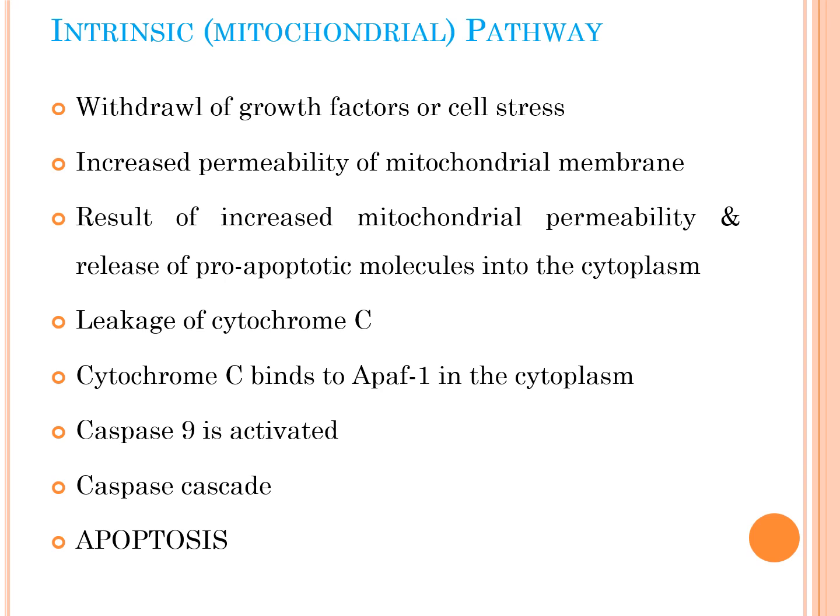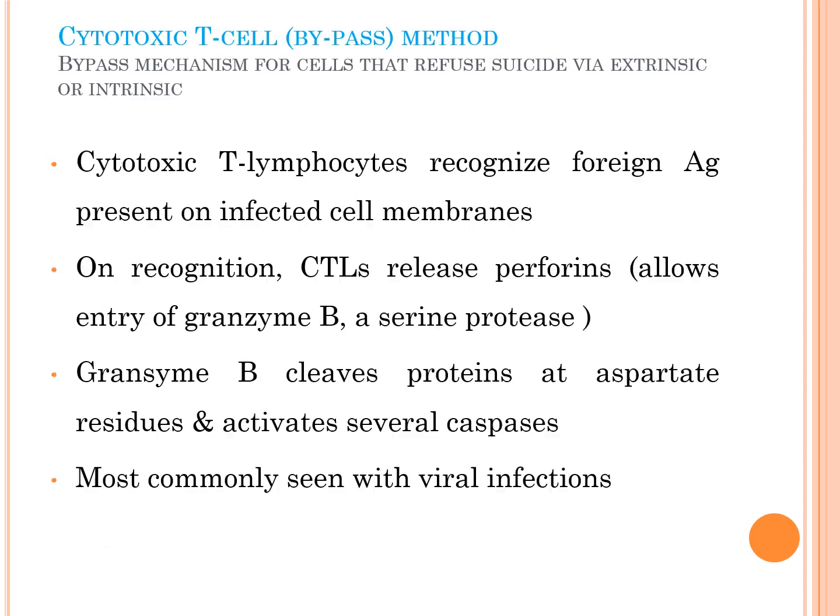So in the extrinsic pathway, there is the death receptor, tumor necrosis factor and FAS receptors are present, and the ligands will be seen. And in the intrinsic pathway, the mitochondrial membrane permeability will be increased.